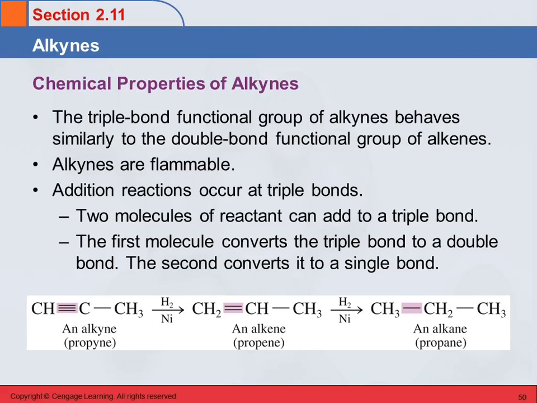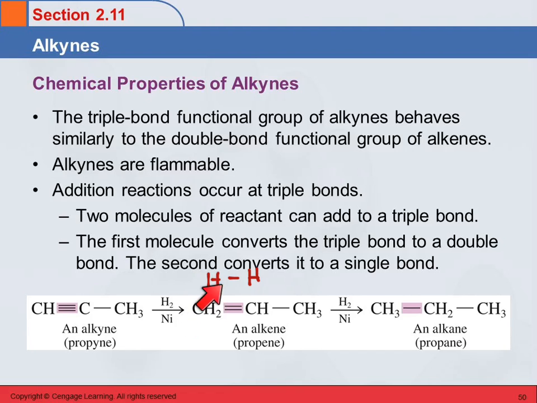Hydrogenation. It's a little unfortunate that halogen and hydrogen are real similar words. This is hydrogenation, and so the hydrogen can add across that functional group. So we can imagine it going like this. I imagine it's like a spaceship coming down to land.